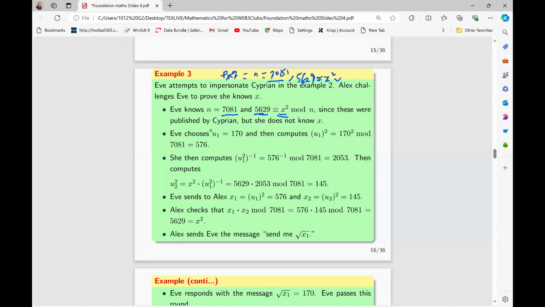So Eve chooses a random number, and he chooses 170. This is U1. She squares this 170 and gets 576, of course after reducing it mod 7081.